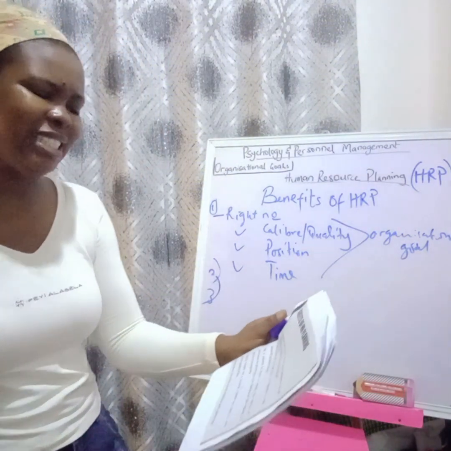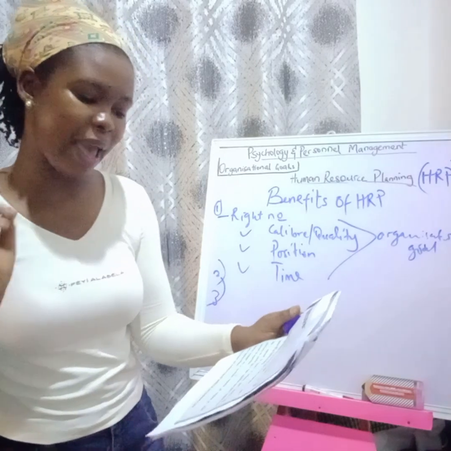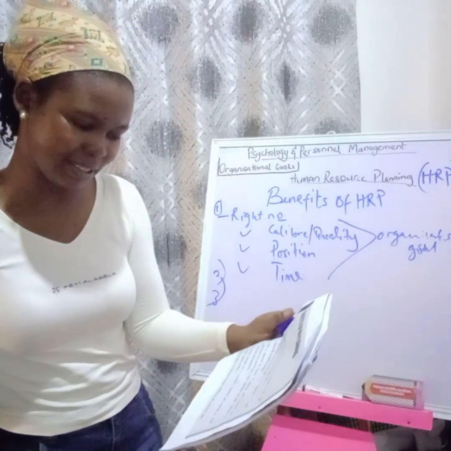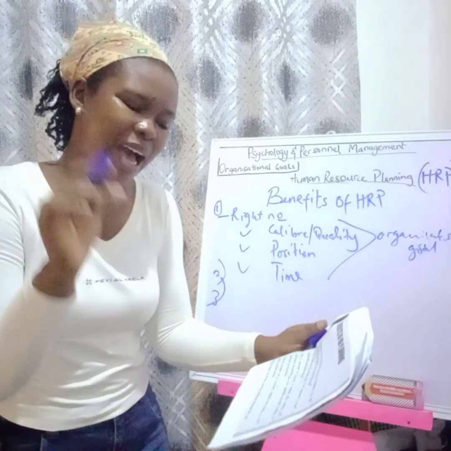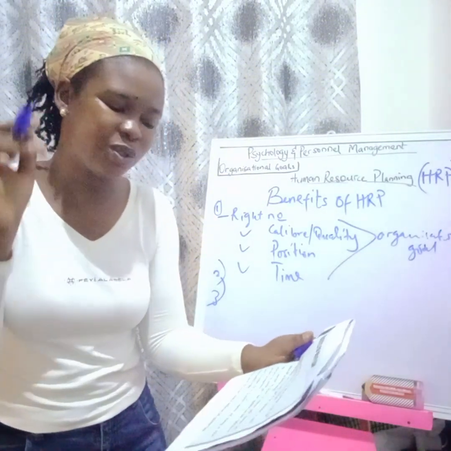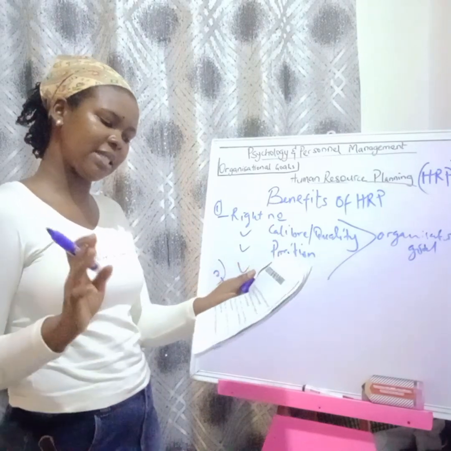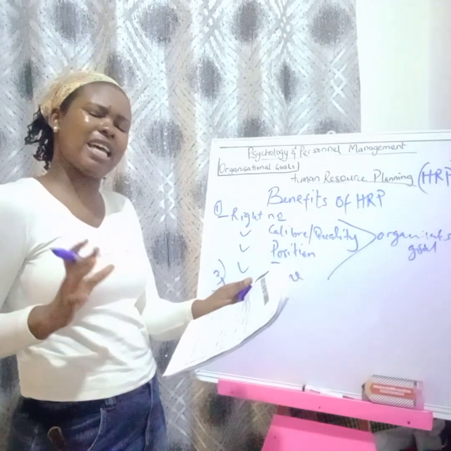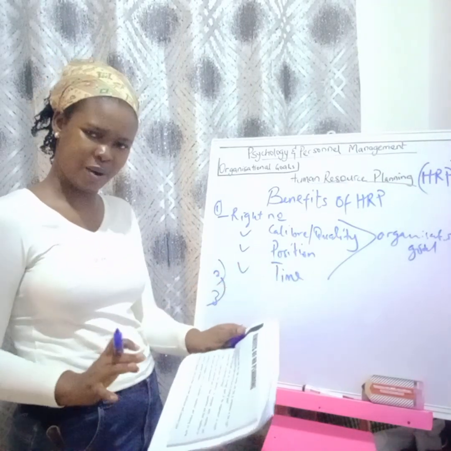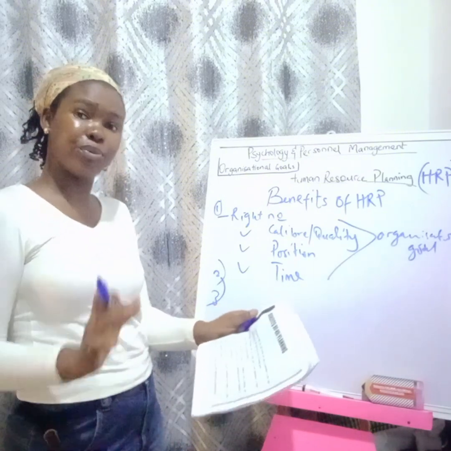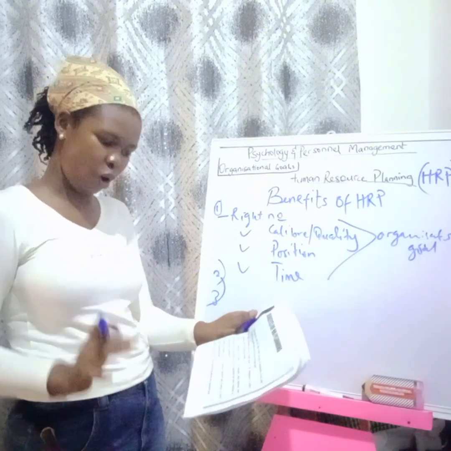Then number three, we have understanding. It helps to understand the dynamics of employee skills, interest, and performance, the potential gaps in their capabilities and their readiness to take future job requirements. Now, this point is saying that it helps us understand the employee skills, where they stand right now. How good are they? What are their interests that are helping boost whatever role they are playing in the company?